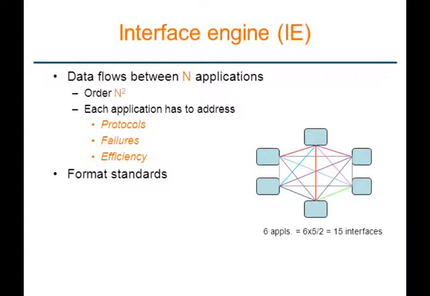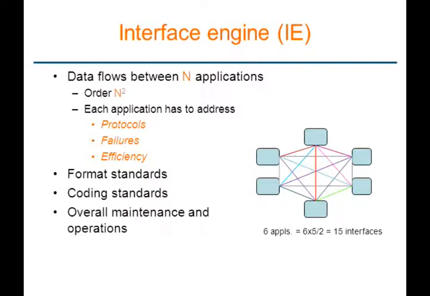So the overall problems are what formats we are going to use for these exchanges, what coding standards we will use on these exchanges, and the basic maintenance and operation of so many interfaces becomes a very hard nut to crack.